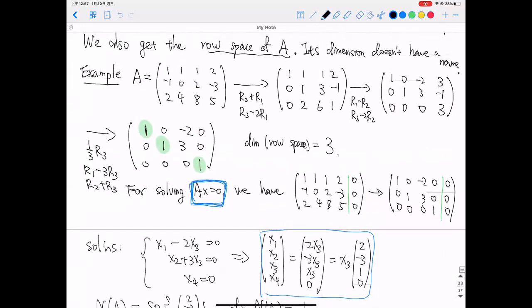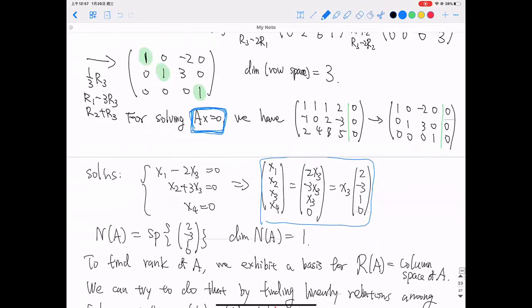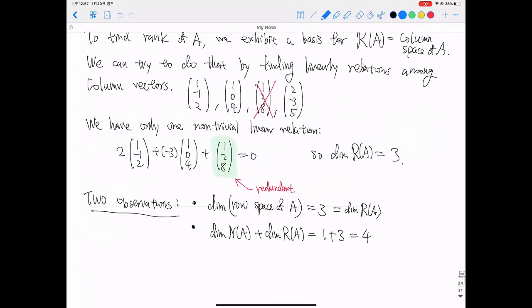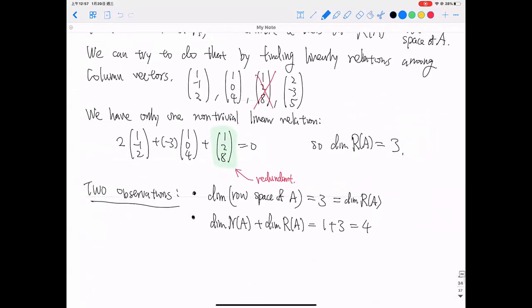It's the number of columns of the matrix A. And there are some very general statements that you can derive from this, but we will do that in the future.